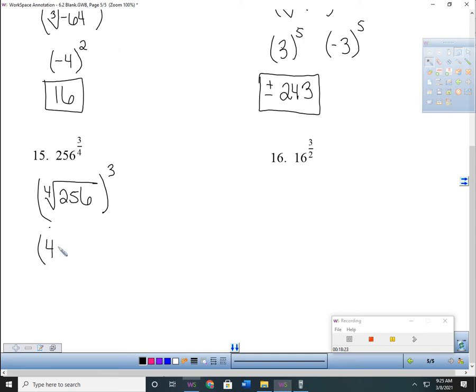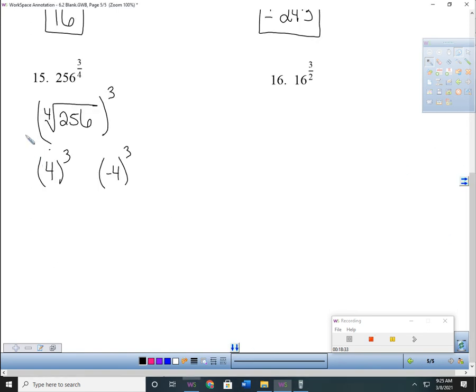I have a positive 4. I'm going to raise that to the 3rd power. And I also get a negative 4 raised to the 3rd power. So when I take 4 to the 3rd power, I get 64. And when I take negative 4 to the 3rd power, I get negative 64. So I have a positive and a negative 64.